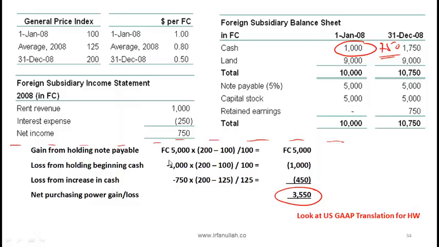Yeah, so when you are dealing with this gain or loss, you are only dealing with monetary assets and liabilities. Actually, the point over here, so I'll quickly summarize. All we are doing on this slide is calculating what is the purchasing power gain and loss. The purchasing power gain and loss is based on your cash that you hold and your monetary liabilities.